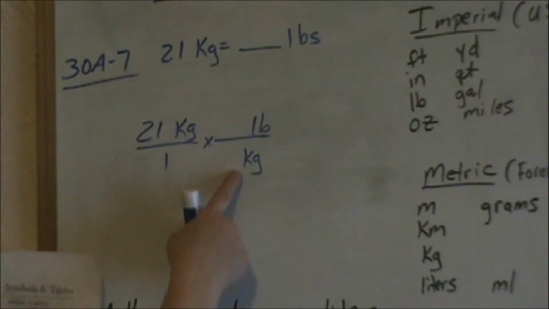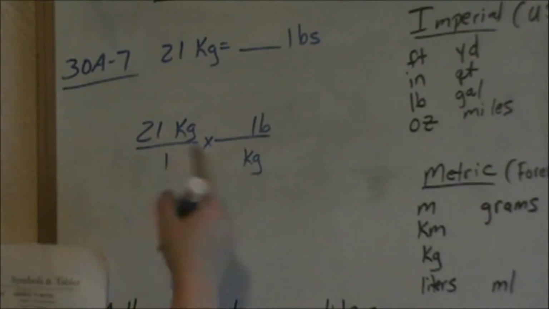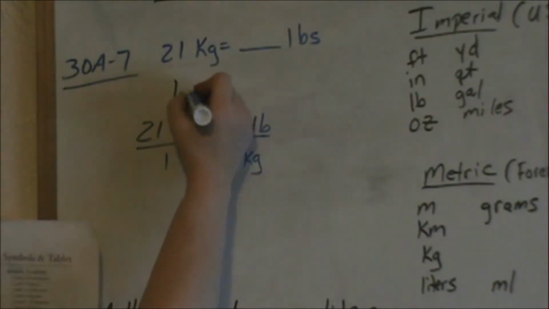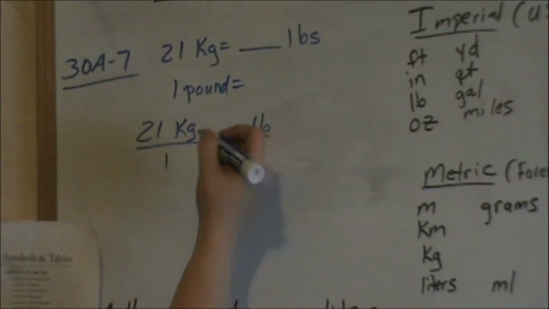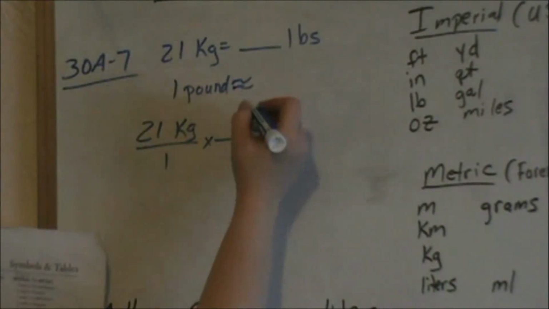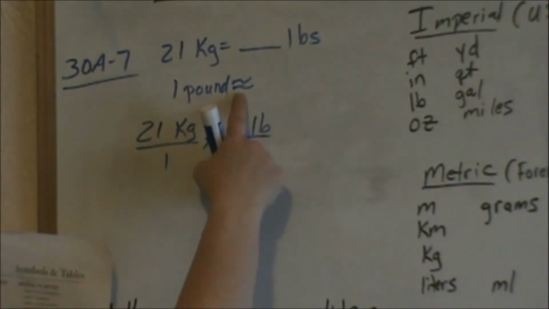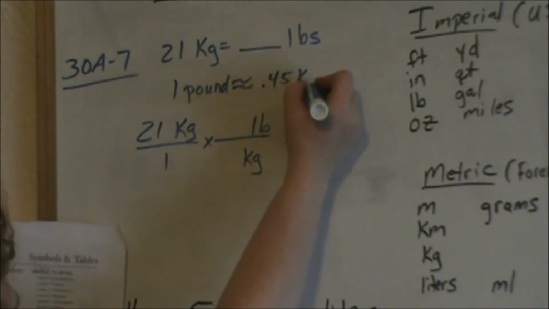So I'm going to go to my table and find something that's dealing with kilograms and pounds. I see that 1 pound, and I'm getting this from my conversion table, equals, or you see these two squiggles, that means approximately. They're rounding. 1 pound is approximately 0.45 kilograms.